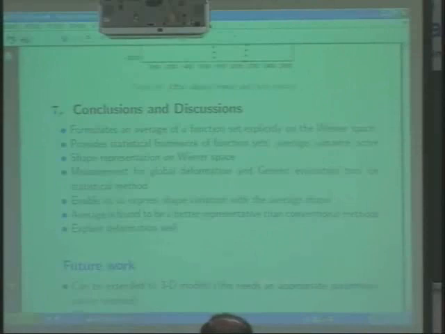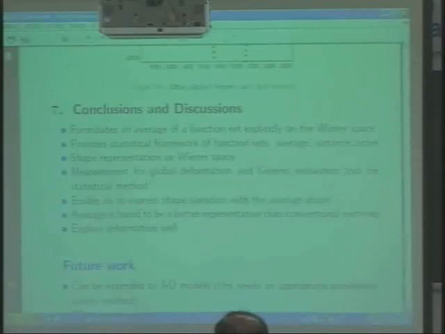And my score gives some measurement for global deformation or shape variability. And this can be a tool of general evaluation for statistical methods, because this concept is very important in shape analysis. The change of shape is used as an indication of some abnormality of shapes.